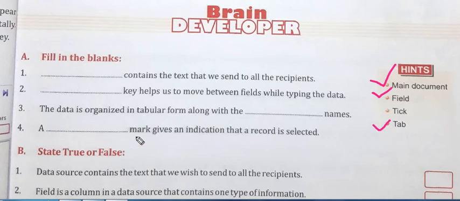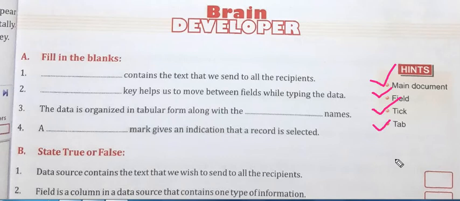Now next, a dash mark gives an indication that a record is selected. Obviously a tick mark. Suppose in a table we have maintained a number of records. If we want to send to all of them, by default all are checked, meaning a tick symbol is there in every record.